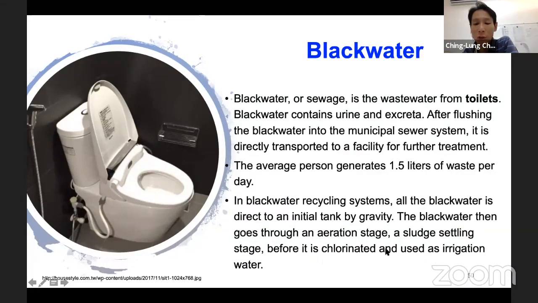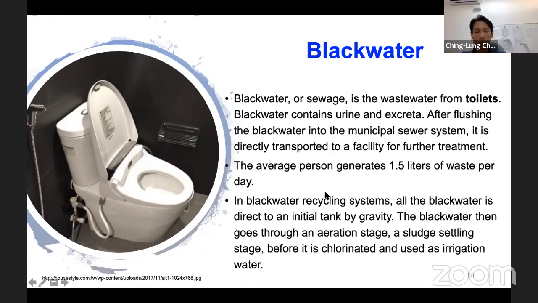The chlorination process means they use chlorine as an agent to kill the bacteria. Once the water is treated, it is used as irrigation water.